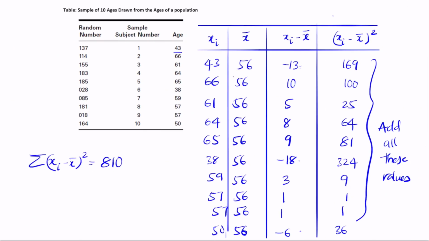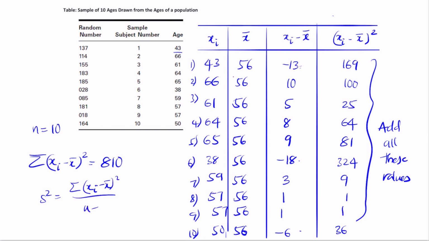Right, and look at the total number of observations. So you count 1, 2, 3, 4, 5, 6, 7, 8, 9, 10. So n is 10. So we want to find s squared. S squared is sigma xi minus x bar squared divided by n minus 1, which is 810 divided by 10 minus 1.